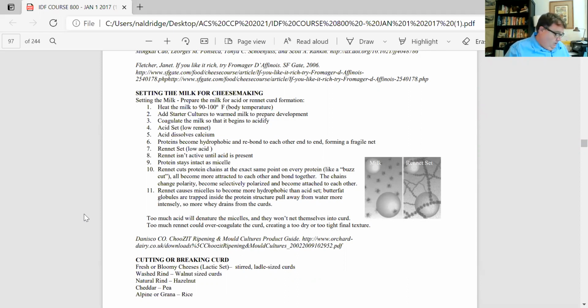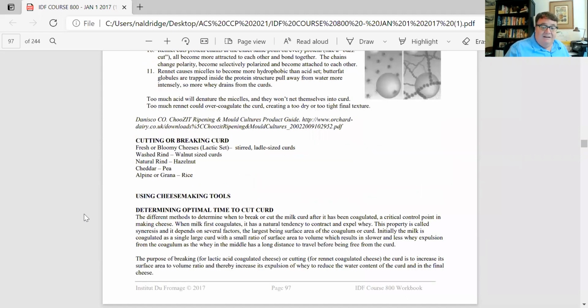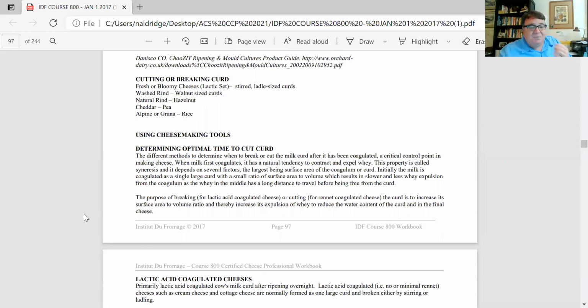Coming back down, cutting or breaking the curd, I've got highlighted. You're probably not going to get too specific into that, but understand again the principles. You will get asked a question somehow along the way of, the size of the curd does attribute to the aging process or what that cheese is basically going to be. You're not going to have a ladled curd Reggiano. Basically, that grana style is rice size or grain.